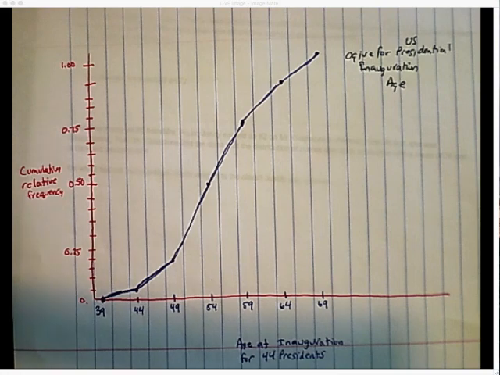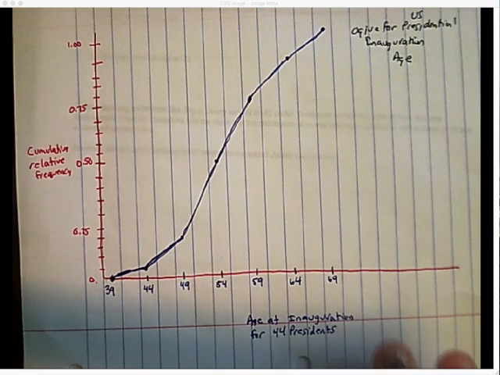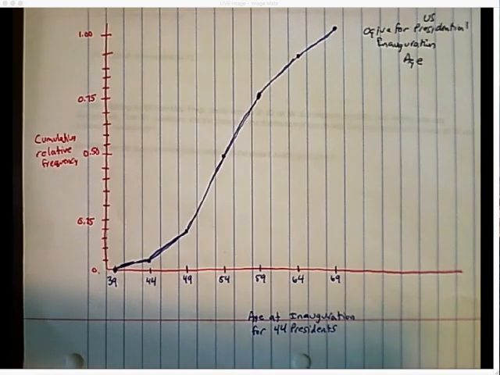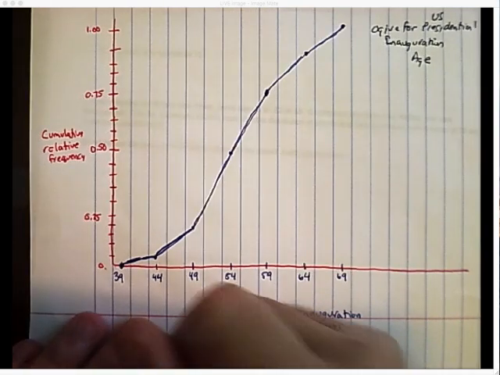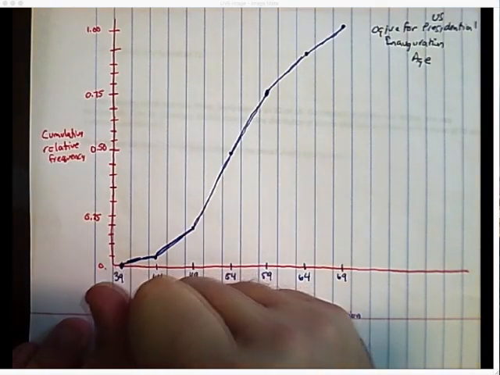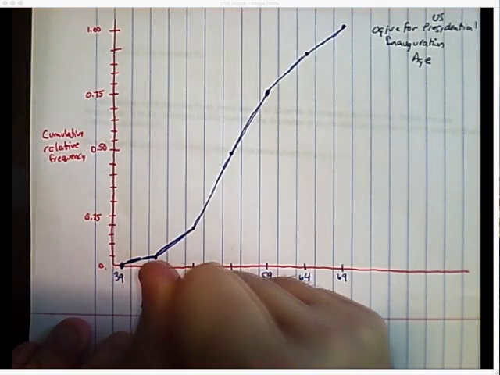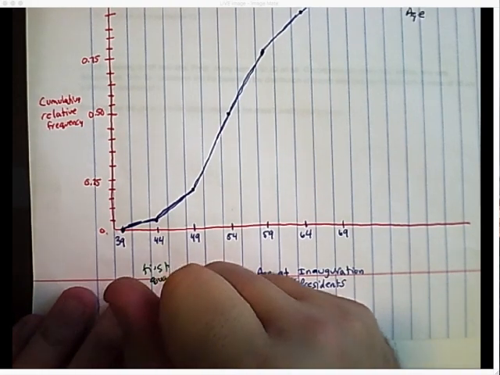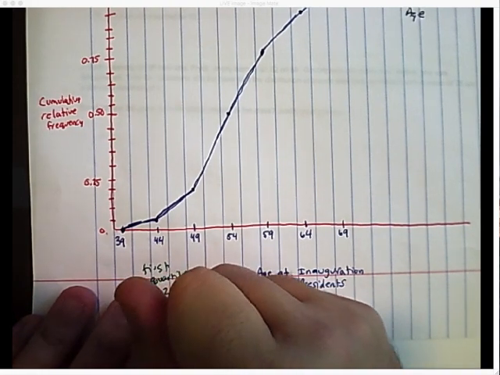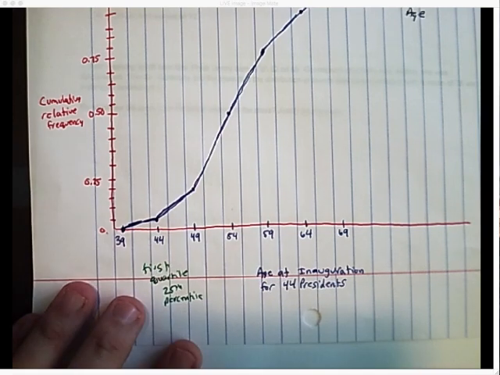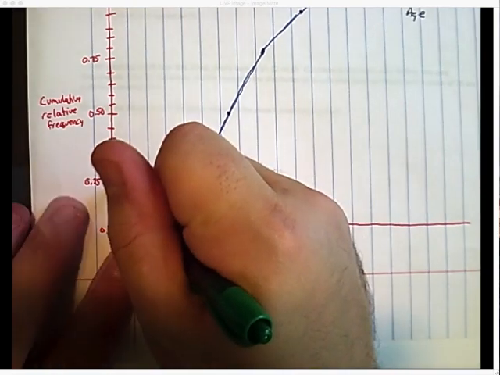All right, so that's how you do an ogive, or a cumulative relative frequency graph. And this is powerful. I'm going to give you a little bit more information about this graph. For instance, if they ask you, what is Q1? Okay, what's the first quartile? Let's say that was a question and they gave you this graph. Well, we know the first quartile is the 25th percentile. So to find where Q1 is, take the 25th.